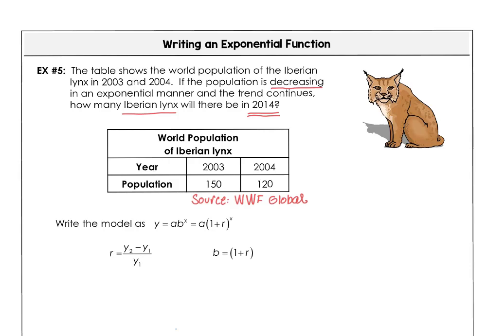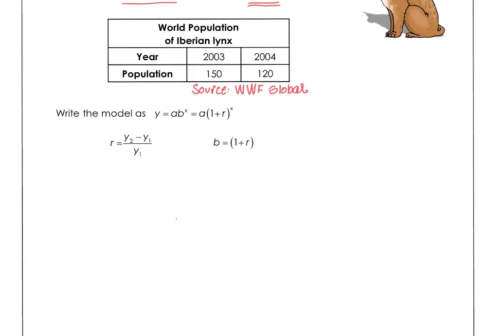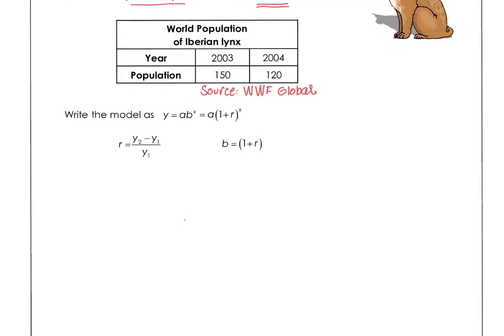So here we have the model. We're going to write the model as y equals ab to the x power using our formula with the rate, 1 plus the rate. So the first thing we want to do is find out the r value.